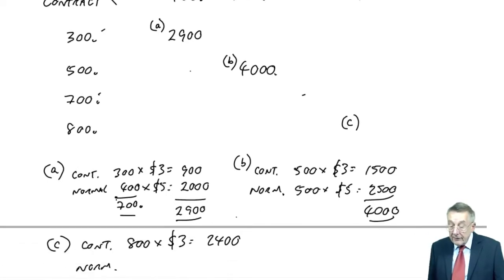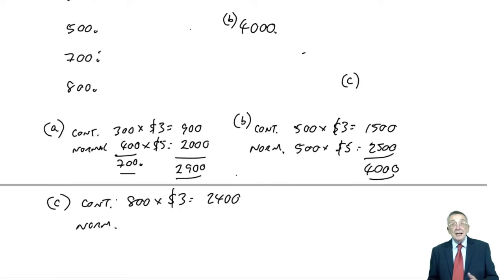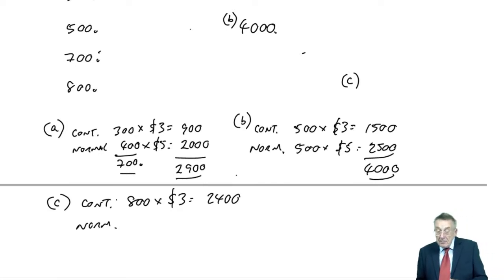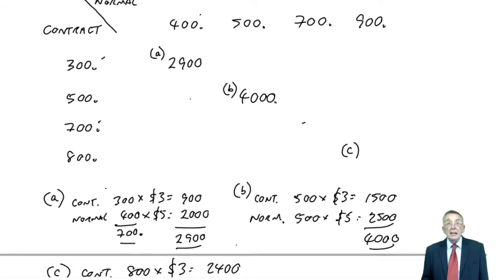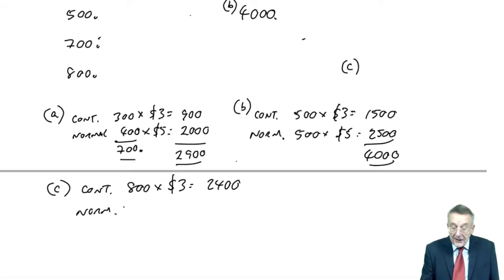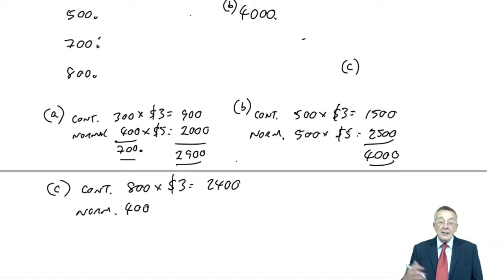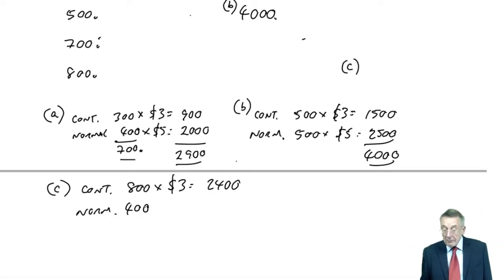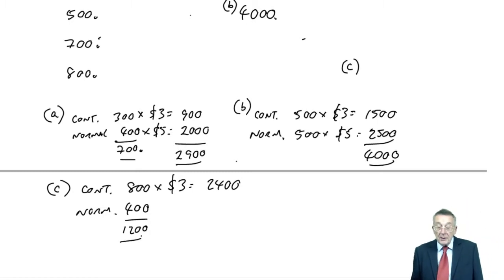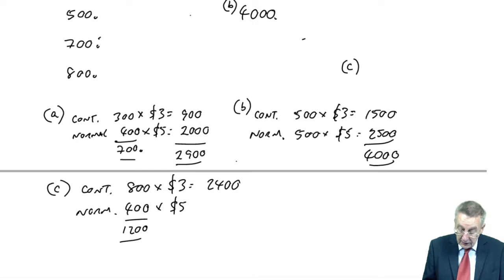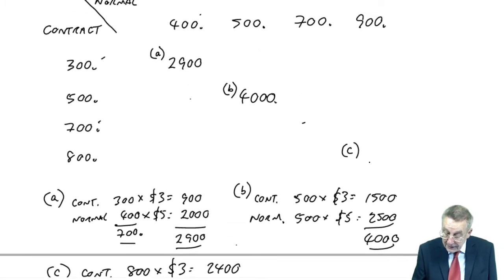If we sign the contract, we've got to supply that customer with his 800. And it means that we're only capable of producing another 400. So even though ordinary customers want to buy 900, we can only sell 400 to them. The rest will have to go away. We can't produce more than 1,200 in total. So those 400 to normal customers make $5 a unit. And so the total there would be 4,400.